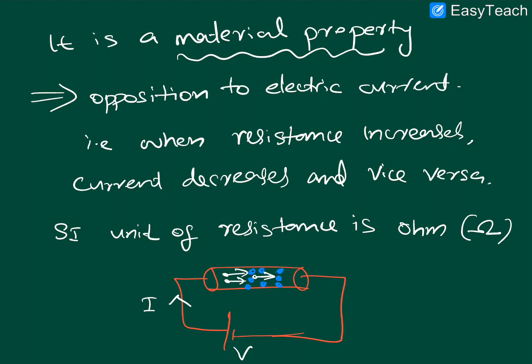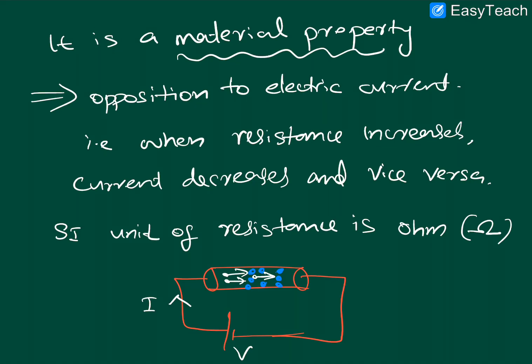It is just like traffic on a road. If this is your vehicle and you are trying to move on the road, but since so many other vehicles are there, you are not able to move easily. In the same way, instead of your vehicle, electrons are moving, even though their direction will be opposite. I already told you, conventionally we will consider it like this. Charged particles are moving, but since atomic cores are there, they will oppose the motion of these charged particles, and their opposition is called resistance.